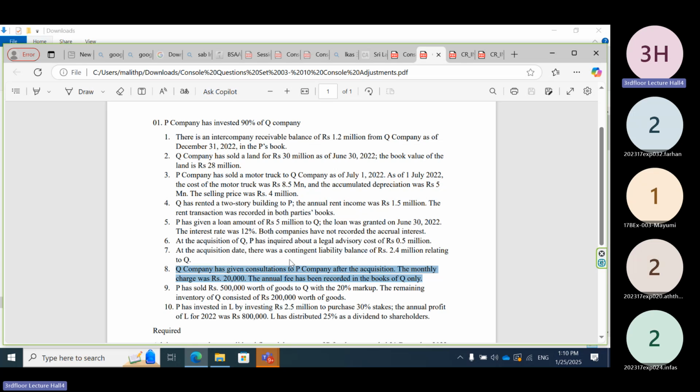There's no impact to the bottom line. If you are not doing the P&L, you don't need to do anything about this intercompany sales. You don't need to adjust. Why? Ultimately, for internal purposes, there's no impact.